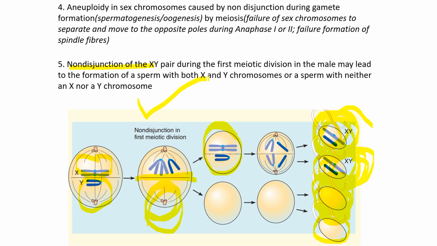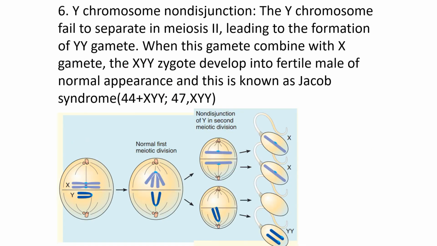One case example done. Next, Y chromosome non-disjunction. So what happened here? The Y chromosome failed to separate in meiosis 2, as you can see from here. Earlier, XY failed to separate in meiosis 1. So now, the Y chromosome non-disjunction will lead to the formation of a YY gamete.